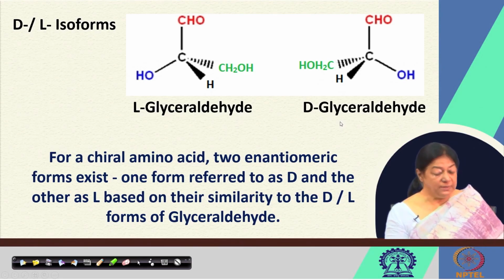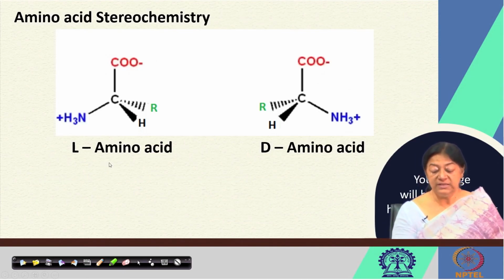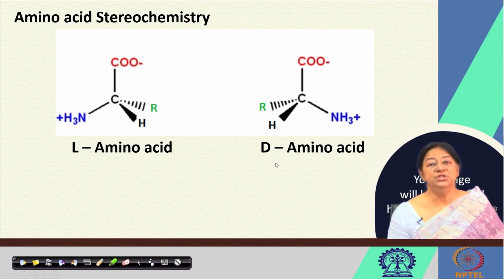Now, when we look at the amino acid nomenclature, again we have the L-amino acid and we have the D-amino acid. The representations here that we can see are related also to the R and S nomenclature that you would have learnt in organic chemistry.